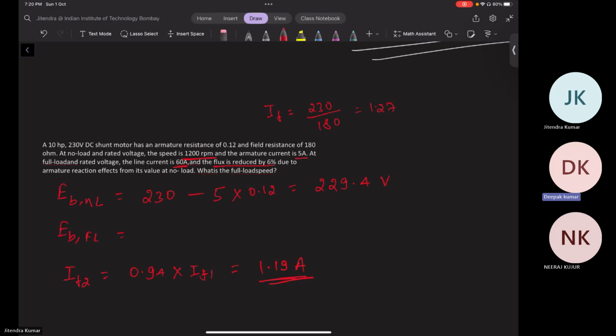Sir, we cannot proceed with that. Earlier our flux was phi, and now our flux is 0.94 into phi. So we cannot say that.